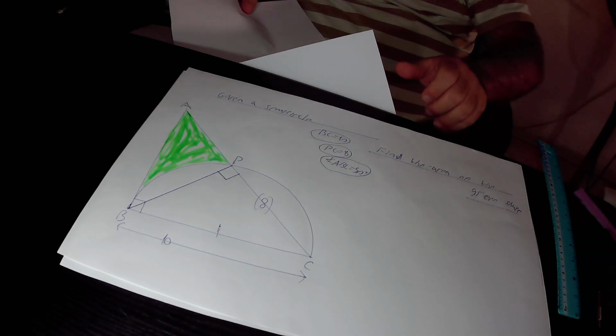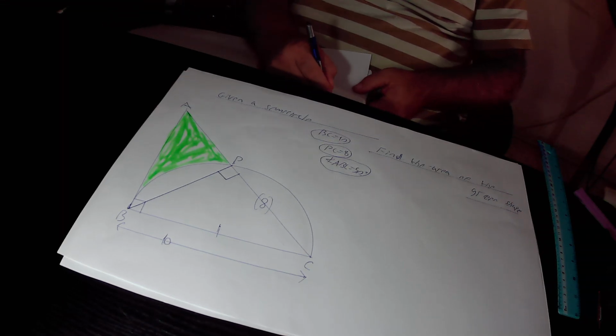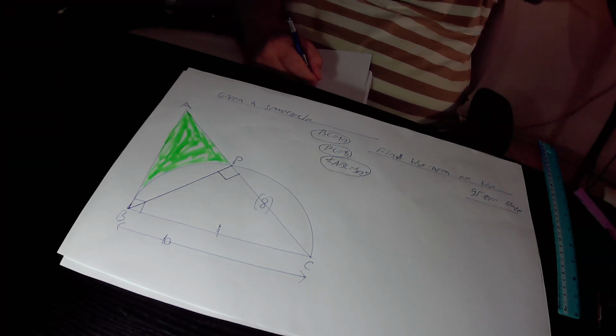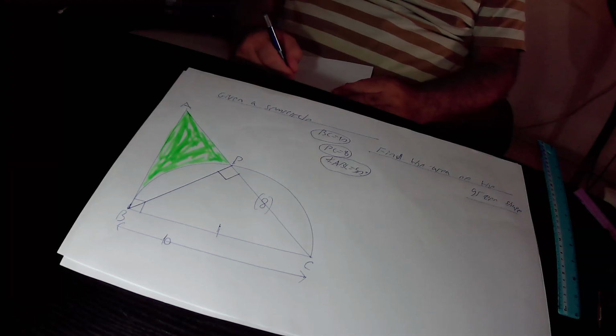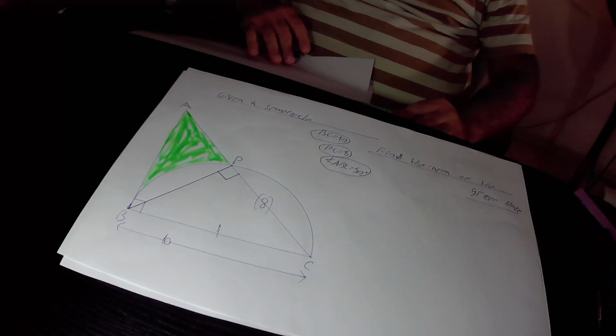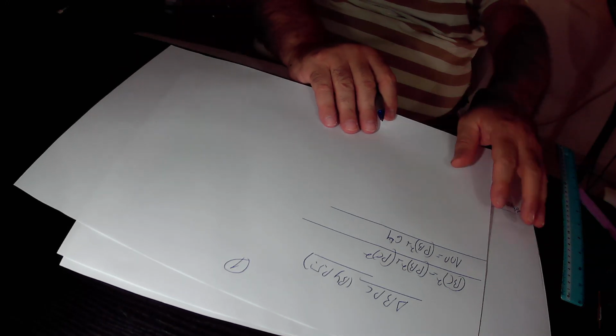BC is 10, therefore BC square is 10 squared, that is 100, and it equals PB square plus PC square. PB is the missing side, so we leave it as it is. PC is 8, therefore PC square is 8 squared, that is 64. So in total we found that 100 equals PB square plus 64.